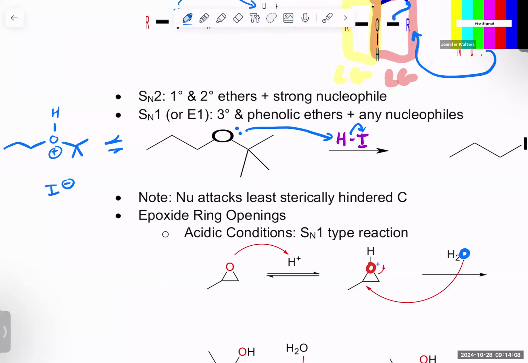Because it's a strong nucleophile, that's telling me that I'm going to do an SN2 reaction. So I want the side that is going to be essentially primary. I want the less sterically encumbered side.